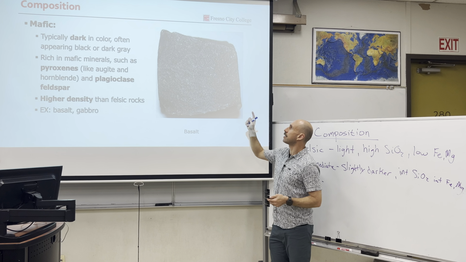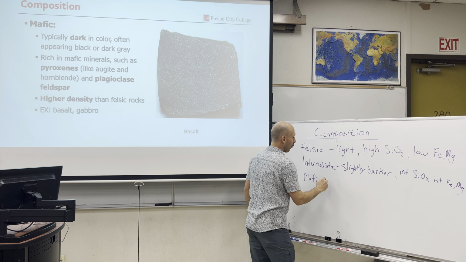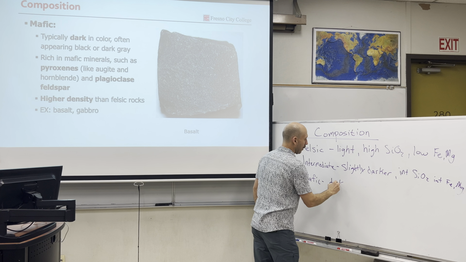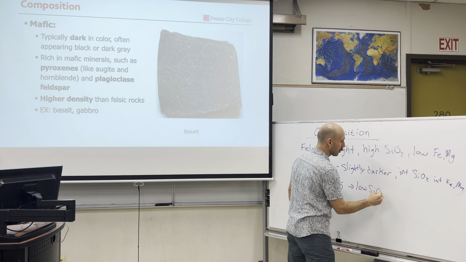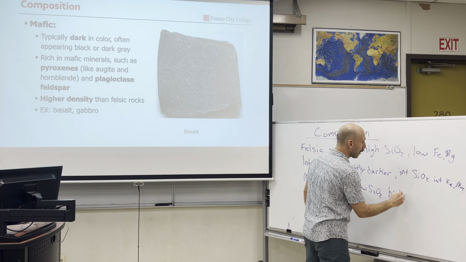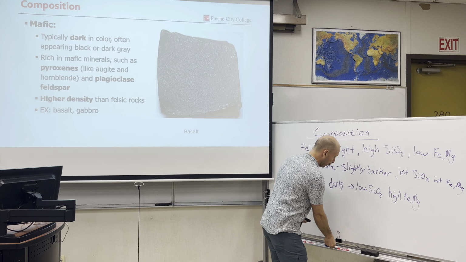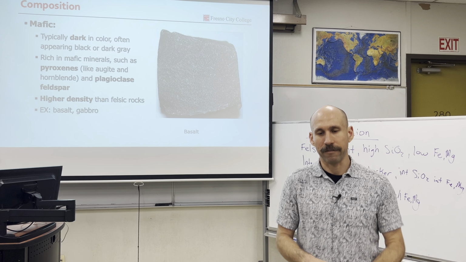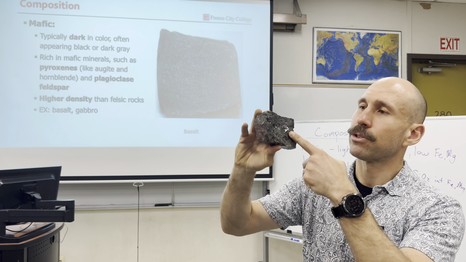Mafic. These are typically dark, appearing very, very dark gray or black. They have low SiO2, so low silicon oxygen, and they are high in iron and magnesium. Here we commonly think of gabbro or basalt. So this is a gabbro. You can see the large crystals.